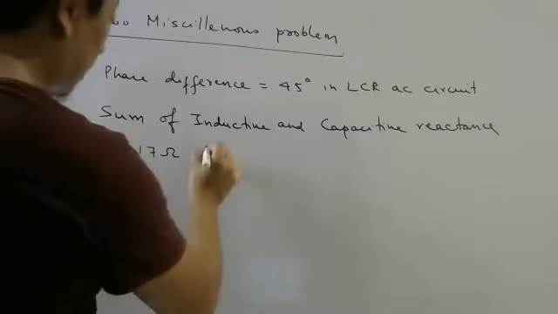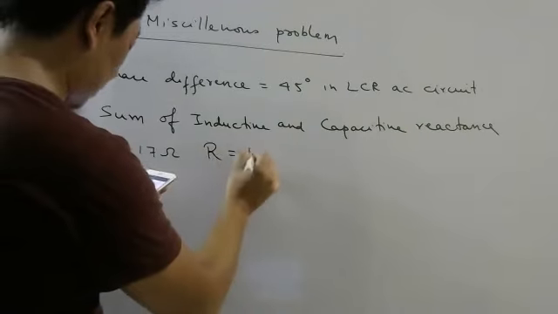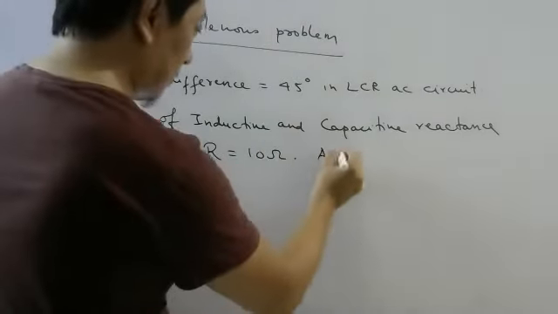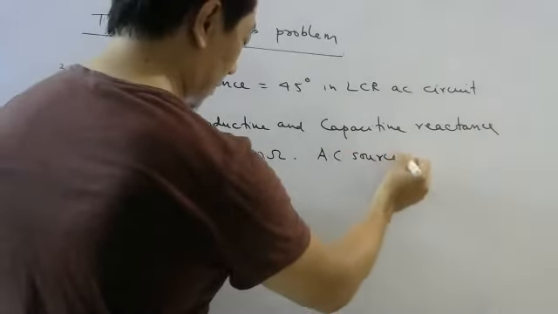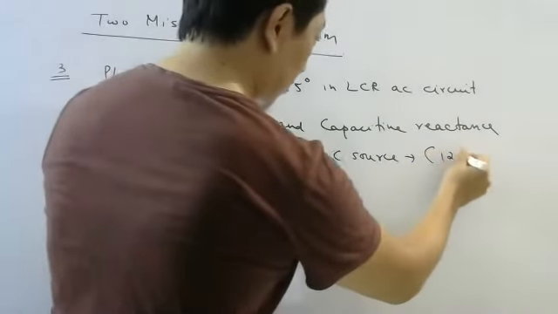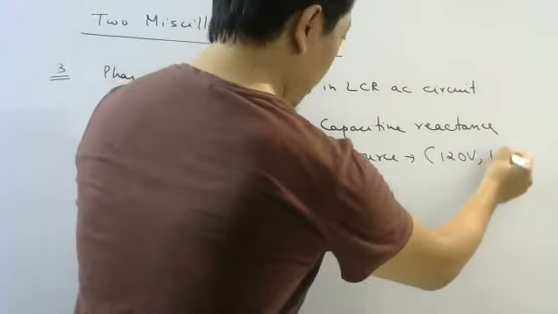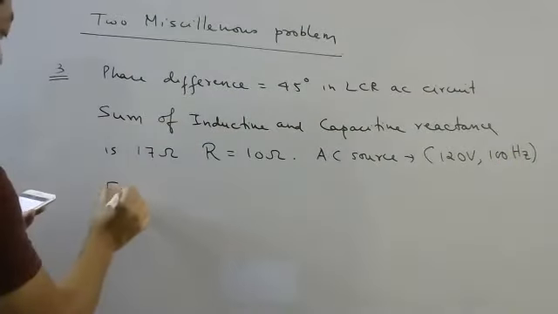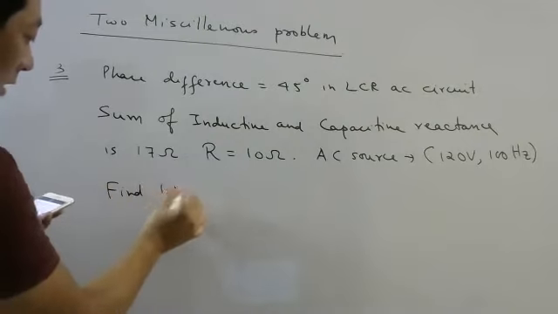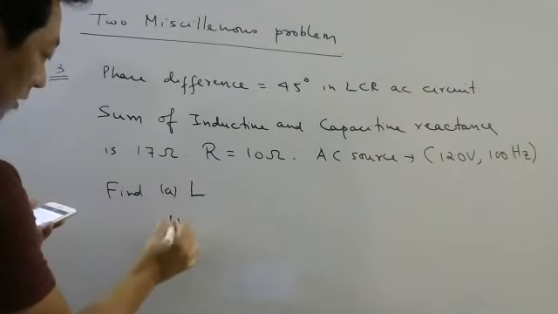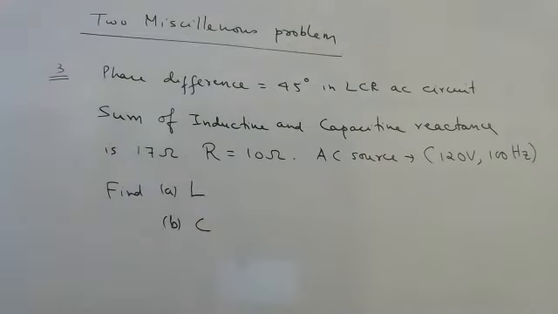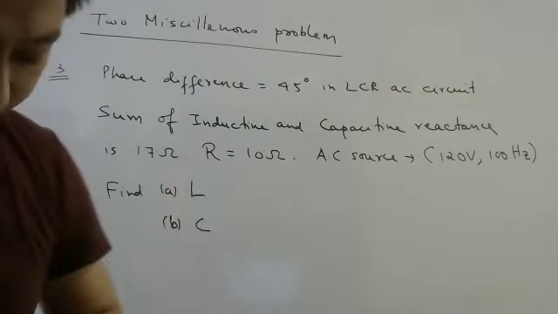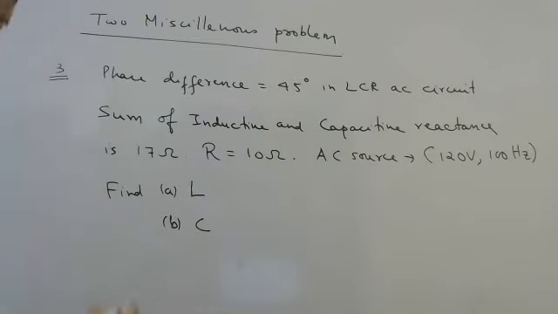Okay, resistance value is given 10 ohm, and AC source has voltage 120 volt, frequency 100 hertz. Find number 1, L, number 2, C. Now in exam both they will not ask, one of them they will ask. So let me write 4.